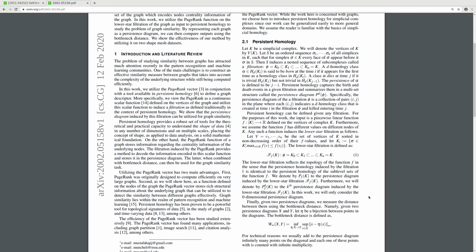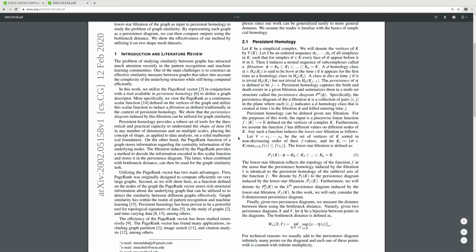For the purposes of this work, the input is a piecewise linear function f from K to R defined on the vertices of a complex K. Furthermore, we assume the function f has different values on different nodes of K. Any function induces a lower star filtration as follows. Let V equal v1 to vn be the set of vertices of K sorted in non-decreasing order of their f values, and K sigma max has the lower star filtration.